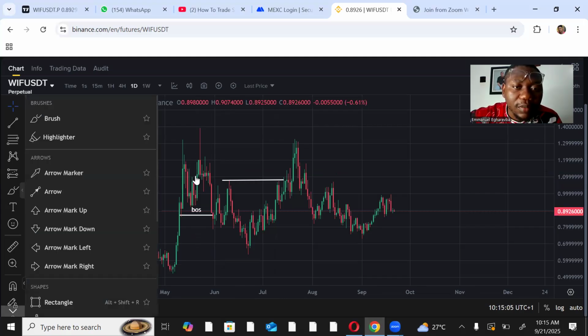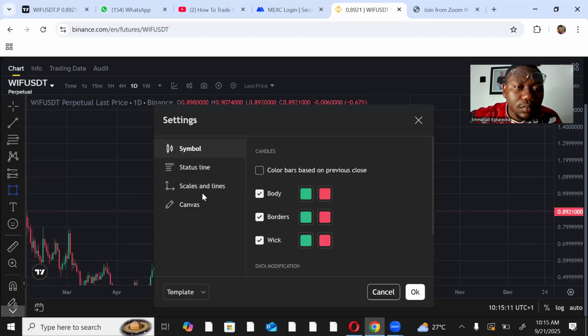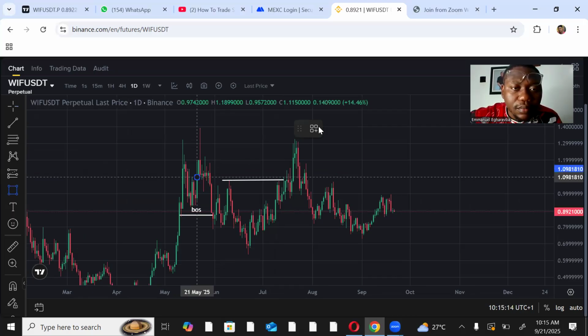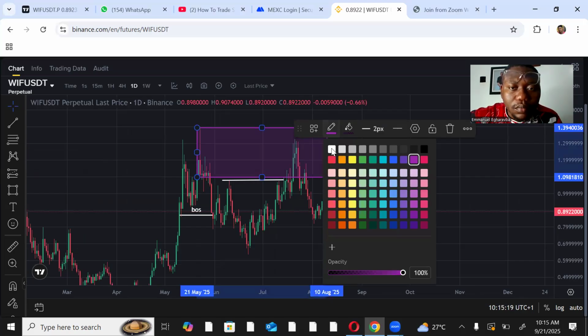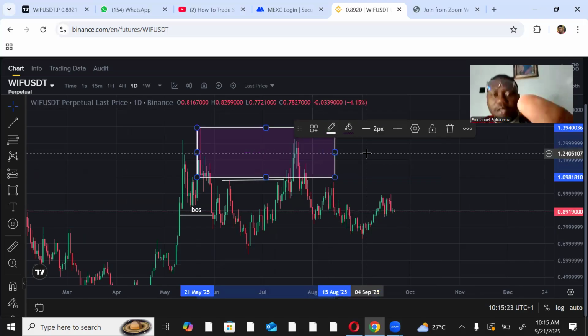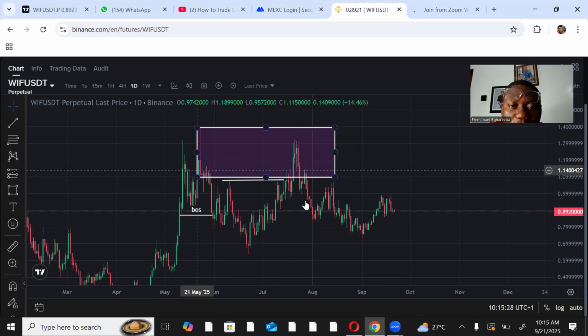There's another block here. There's another block right here. There's another block right there. Price has tapped into it, and obviously we are now selling.